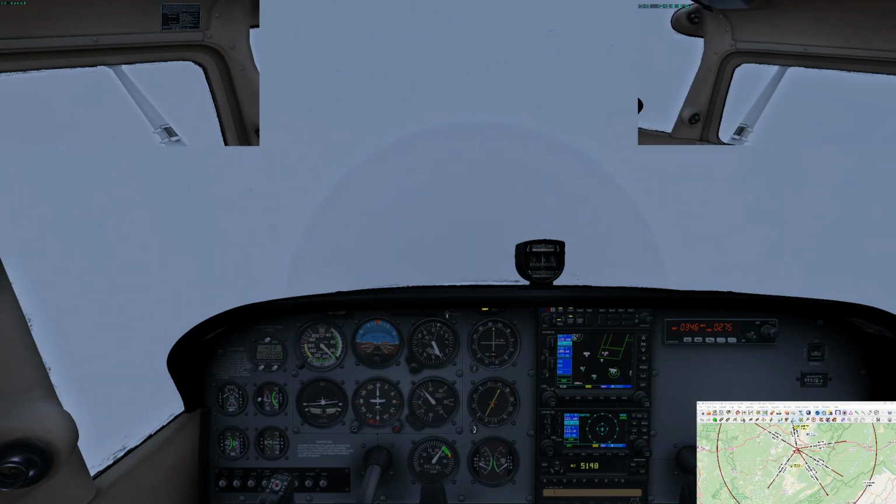Reciprocal of 225 is simply 040. That's going to be my inbound course to the airport. Let's see if I can get a closer look at the little nav map here.